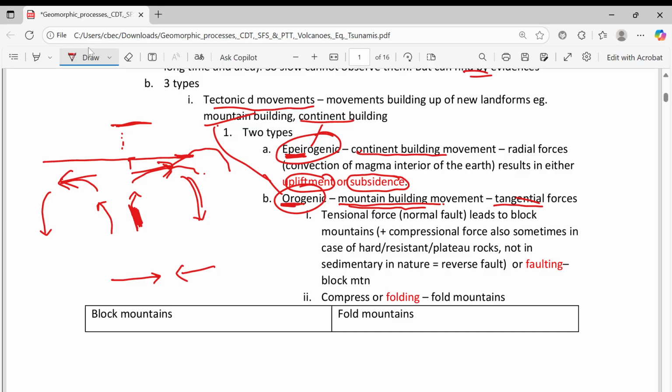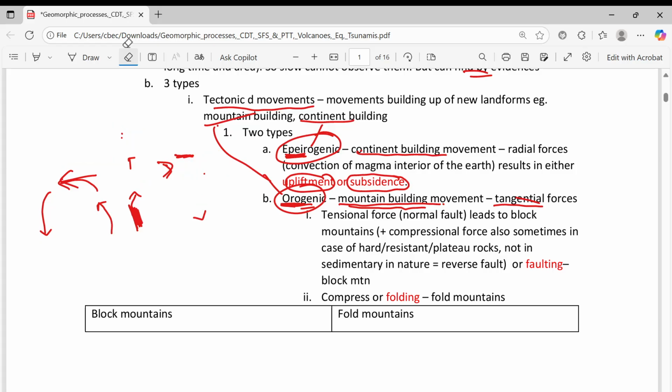When these two are coming and colliding, here they will form mountain. This orogenic mountain building, you listen somewhat carefully.